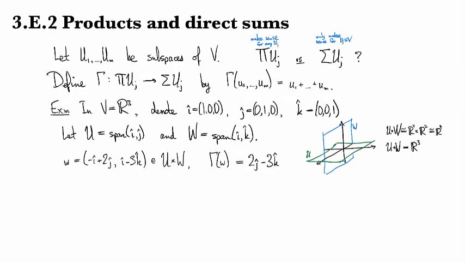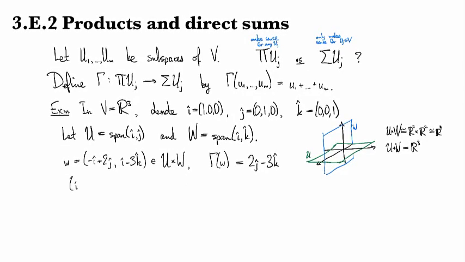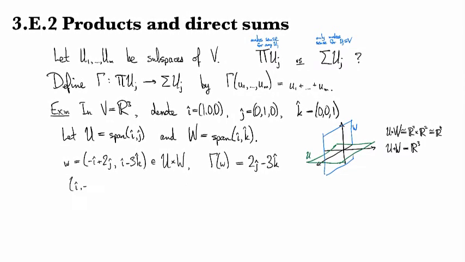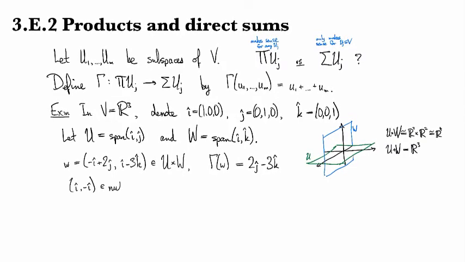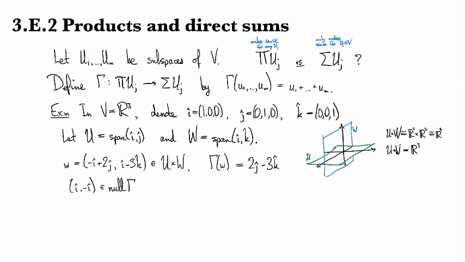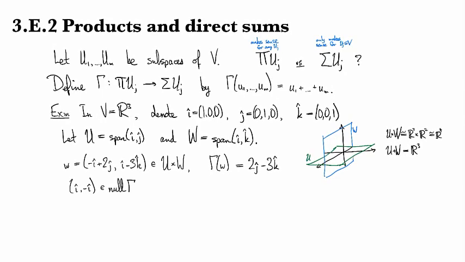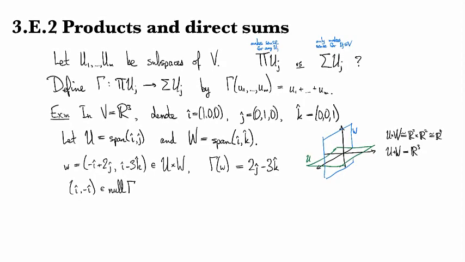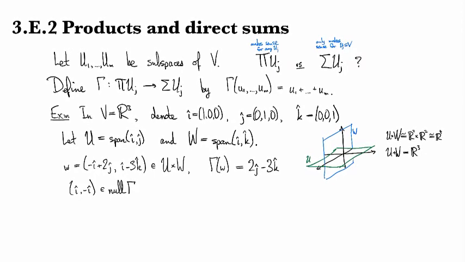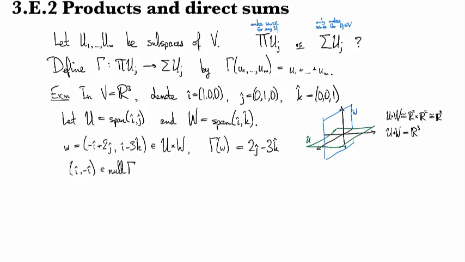And so what we see from that is that anything of the form (i hat, minus i hat), or a scalar multiple of it, is going to be in the null space of this capital gamma map. So this is a good example to keep in mind for how the product and the sum can actually be different.